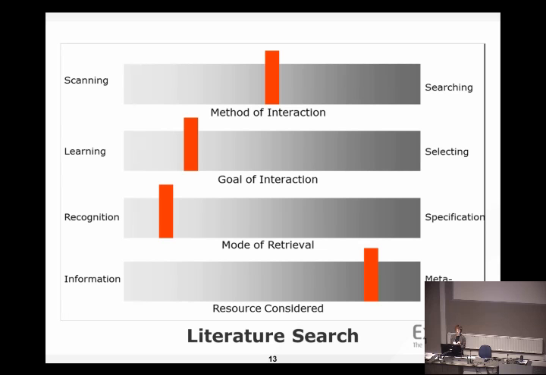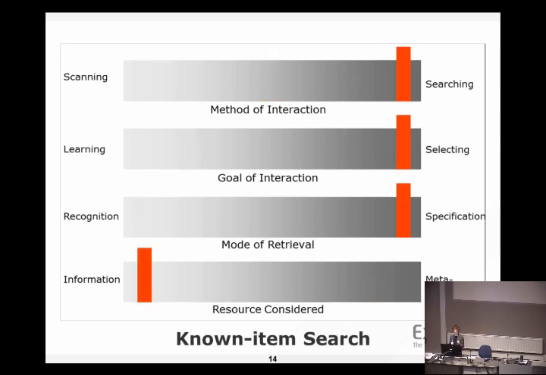So it's a combination. And then whether the goal is to learn or to select. So first, when I do a literature review, I need to learn that there are these things there. And then I'd probably recognize the things that are relevant to me, not so much specify them in advance. And I'd consider just the metadata at first glance, and I won't read every article at this stage.